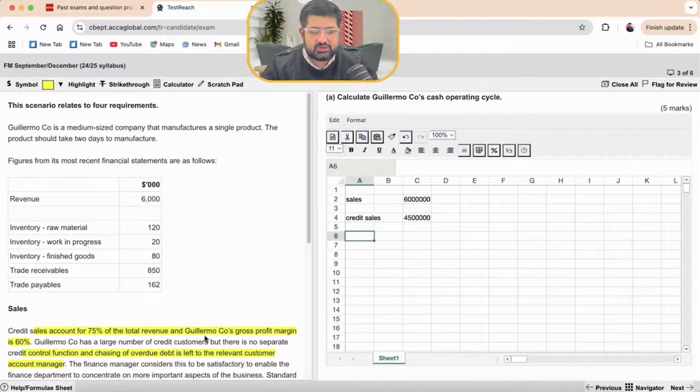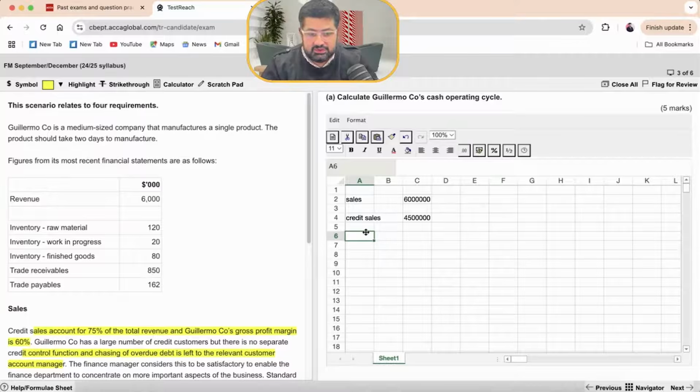Then they say gross profit margin is 60%. So why are they telling us? Because we need cost of sales for calculation of raw material days and for calculation of payable days as well.